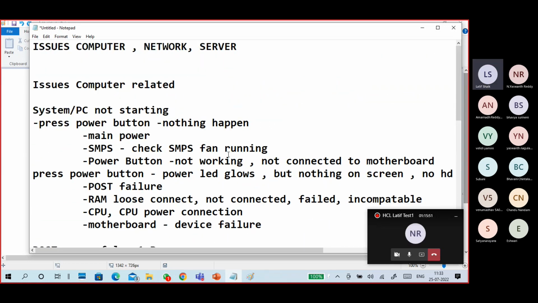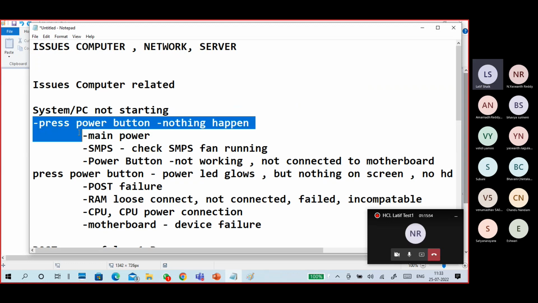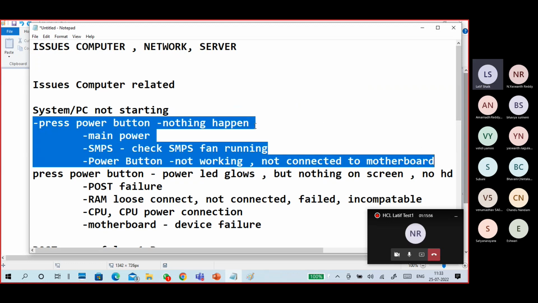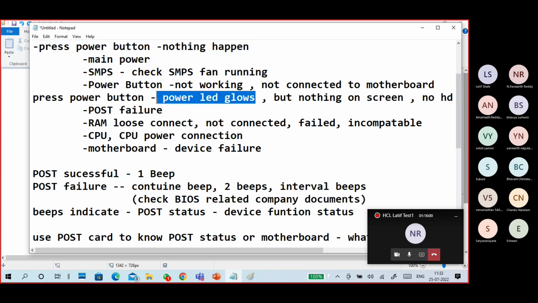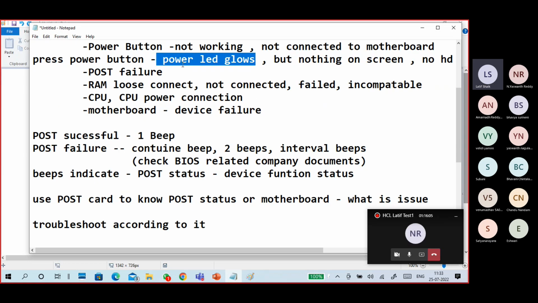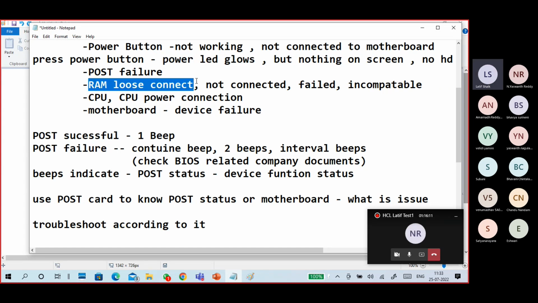Guys, again, if the system is not powering on, it is a power related issue. But if the system is powered on, the LED is glowing, but nothing on your screen, there is a lot of possibility. It's a post failure, mainly RAM loose connection. Last class I told you about RAM loose connection.